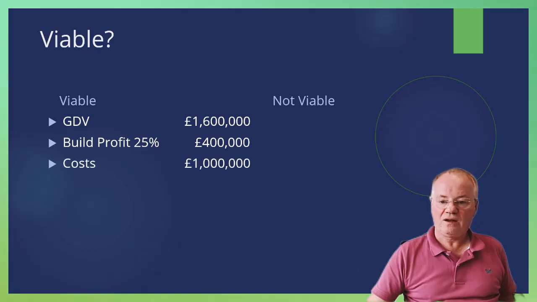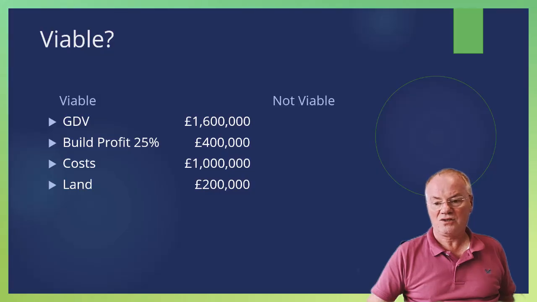Then we deduct all our costs. We tend to break these down into build costs and development costs, but for the sake of this video I've combined the two into just one set of costs, and the balance of that then tells us what the land is valued at. So no matter whether an estate agent says that it's worth 400,000, 200,000 in this example is the maximum that we would be prepared to pay for this piece of land.